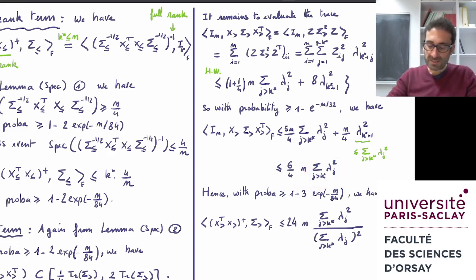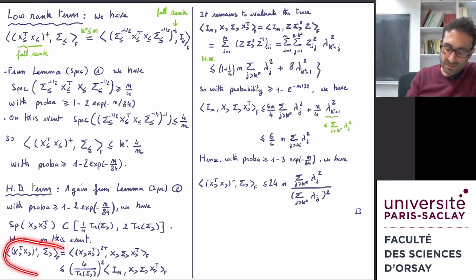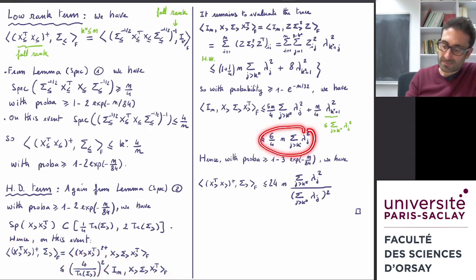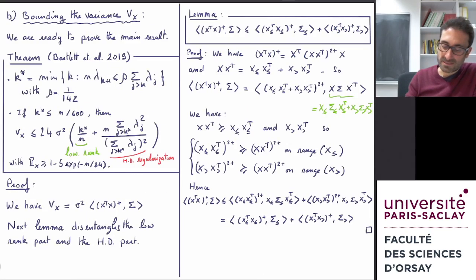So putting pieces together, what I obtain is that this term here is upper bounded by this term times this term. So this gives me this upper bound, and this upper bound is exactly the one that we get here.